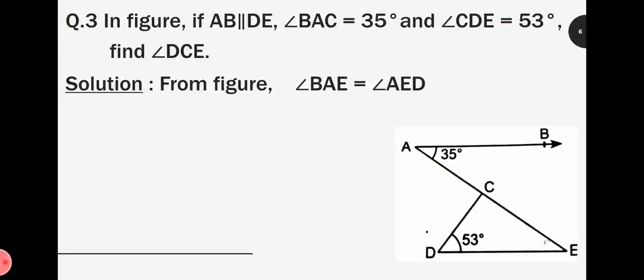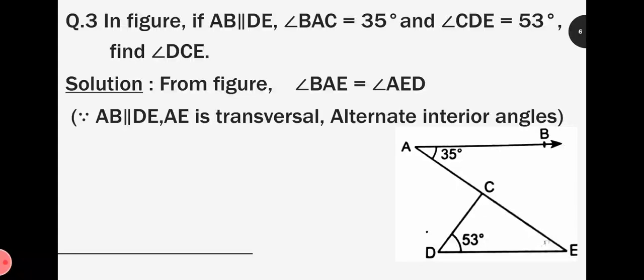So using this we get these both angles equal. So we will write it in the bracket. Since AB is parallel to DE and AE is a transversal, these two angles are equal as they make an alternate interior angles pair.